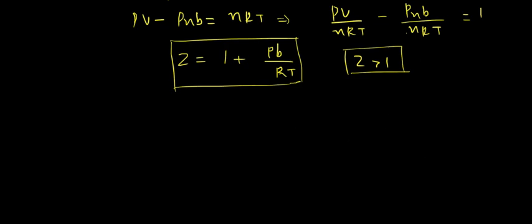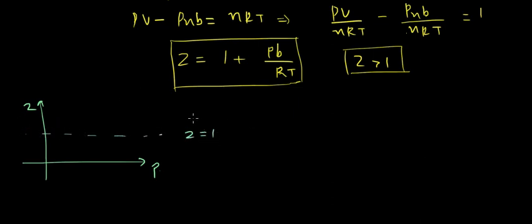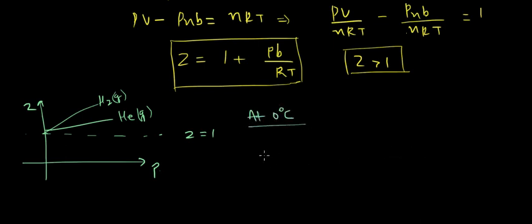So let's see a graph again between Z and P. Z is the compressibility factor here. When Z equals to 1, so we have the following graph for hydrogen and helium at 0 degrees Celsius. So this is Boyle's temperature graph.